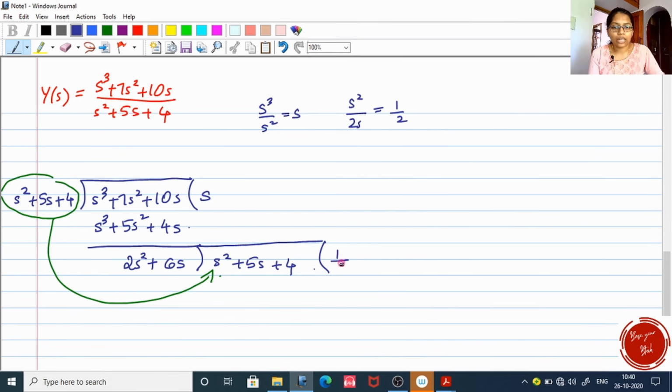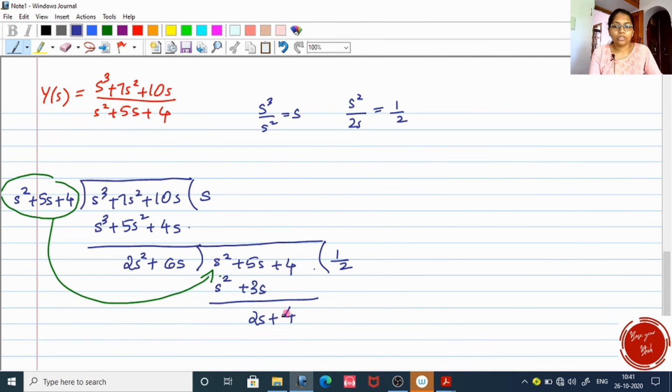So 1 by 2 is your answer. Now multiply this 1 by 2 throughout: 2s square into 1 by 2 is simply s square, 1 by 2 into 6s is 3s. Now subtract: 4 minus 0, 4; 5s minus 3s, it is 2s.